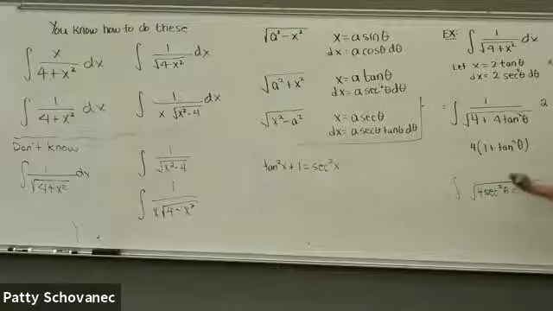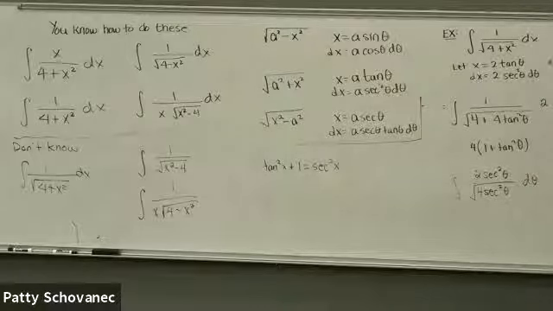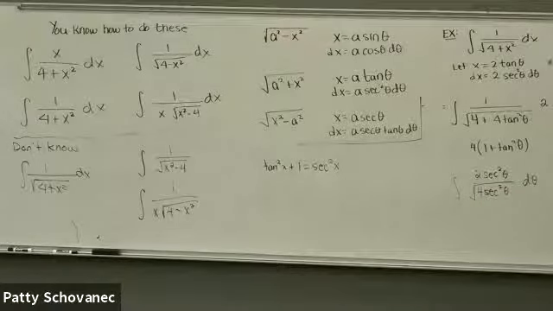I'm going to slide that over here. But I've gotten rid of the difference or the sum. Now I can take the square root because I have a product. That's a perfect square. The square root of 4 is going to give me 2. The square root of secant squared is going to give me a secant down there.